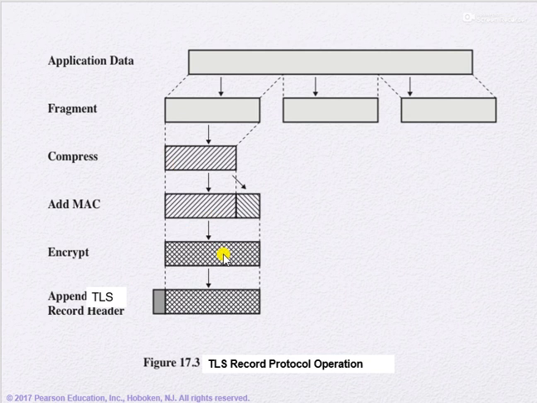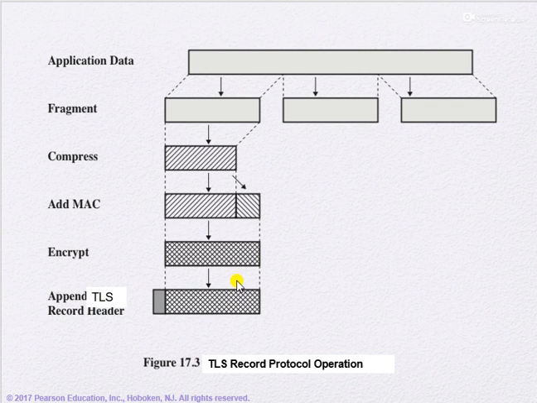And after encryption, it appends a TLS record header with each of the fragments. Fragment maximum size is 2^14 bytes. So whatever your application message is, it is divided into chunks of blocks, and each fragment size is maximum 2^14 bytes.